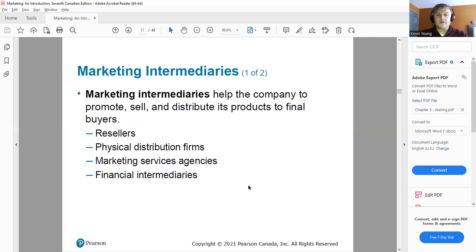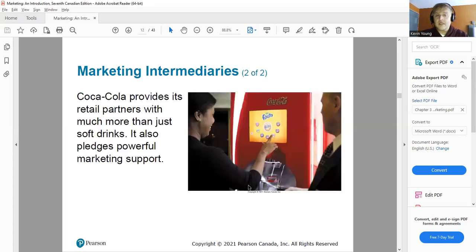These can be resellers, these can be physical distribution firms, they can be marketing service agencies or financial intermediaries. A marketing intermediary such as Coca-Cola provides its retail partners with much more than just soft drinks. It also pledges powerful marketing support.